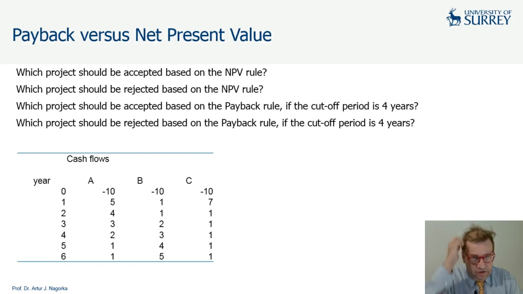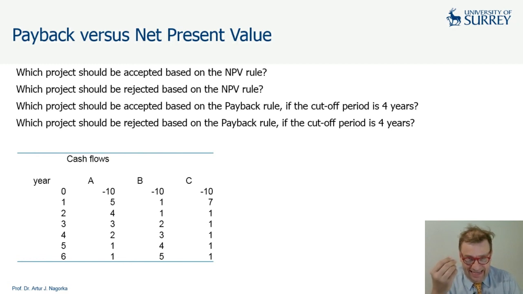But now the question is more complicated. At the beginning, obviously, we assume this discount rate of 10% for these calculations. Which product should be accepted and rejected based on the NPV rule?